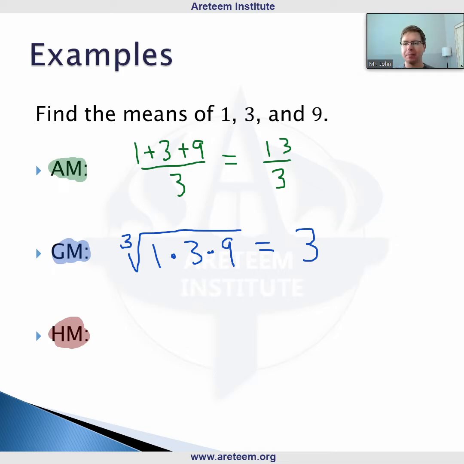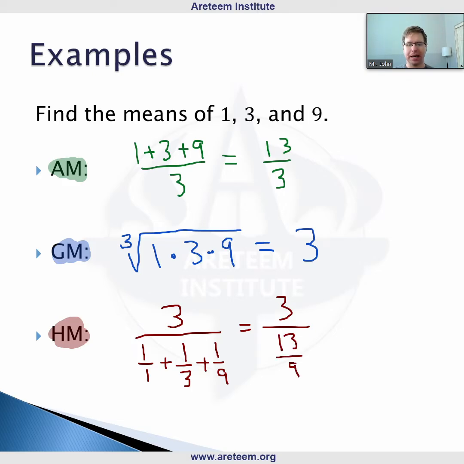For the harmonic mean, remember this is like the arithmetic mean, except a bunch of things are flipped around. So we have 3 over 1 over 1 plus 1 over 3 plus 1 over 9. This takes a little more simplifying, so let's do it in 2 steps. We have 9 ninths plus 3 ninths plus 1 ninth, so 3 over 13 ninths, and so this is 27 over 13.